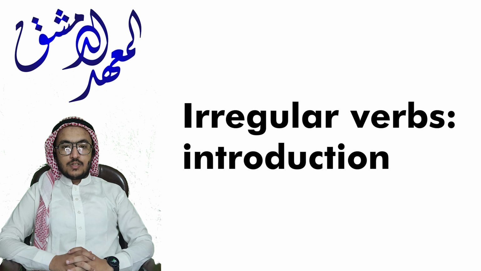For example, yaktub, in which the first root letter has disappeared altogether from the stem, leaving behind just the second and third root letters. This table shows the present tense for the verb wasala yasilu.